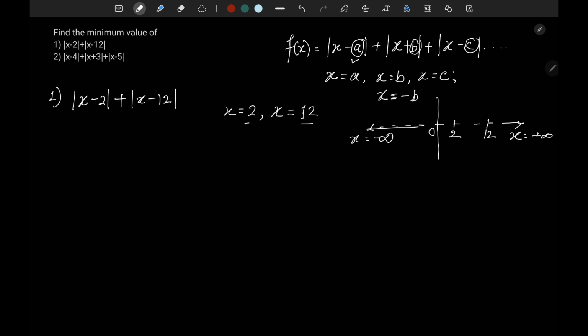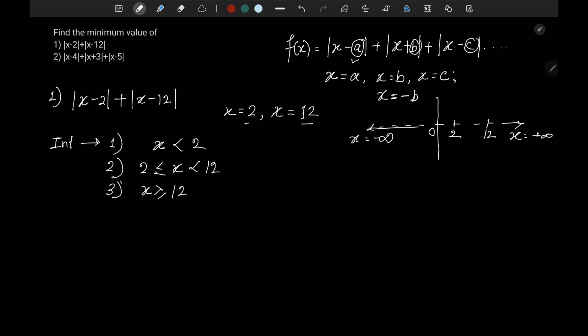So my intervals are: interval 1 is x less than 2, interval 2 is x greater than or equal to 2 and less than 12, and interval 3 is x greater than or equal to 12.